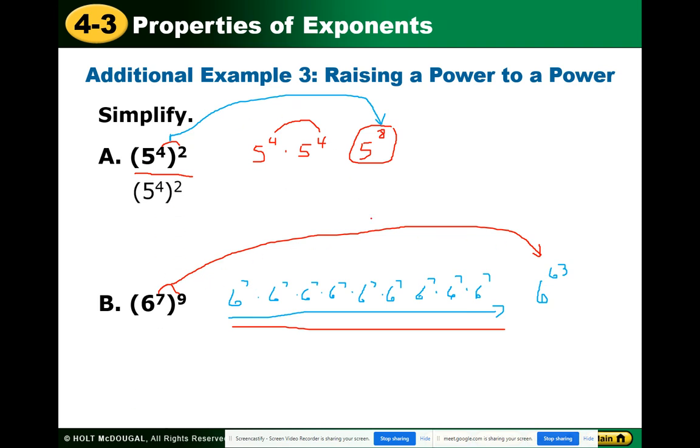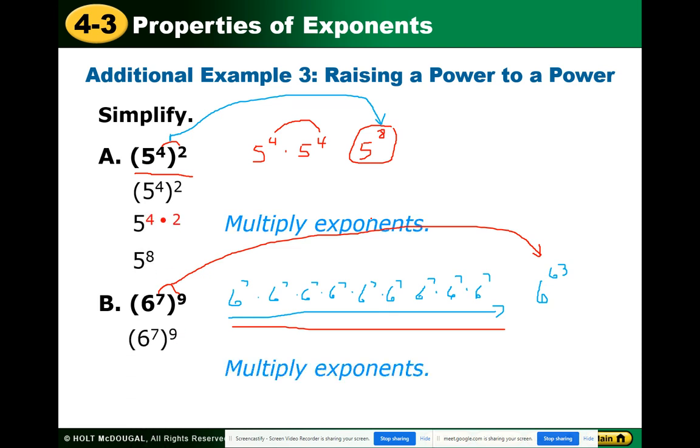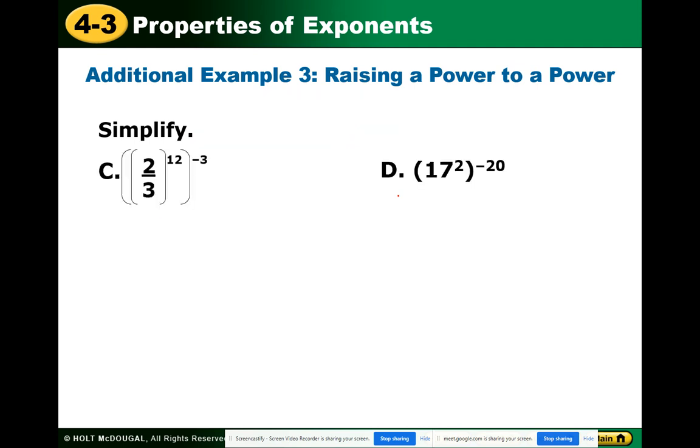So multiply the exponents. We get 5 to the 8th. Multiply the exponents. We get 6 to the 63rd. Trenton and Michaela, you did a great job of getting that nailed into us. It was good to have everybody see that again.